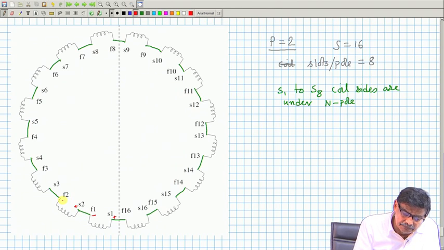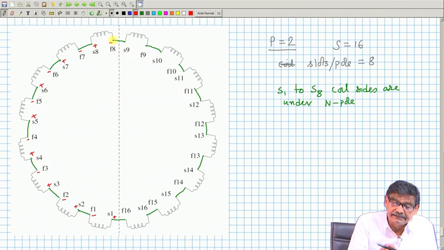That is how I have made the windings, plus minus, plus minus, plus minus.